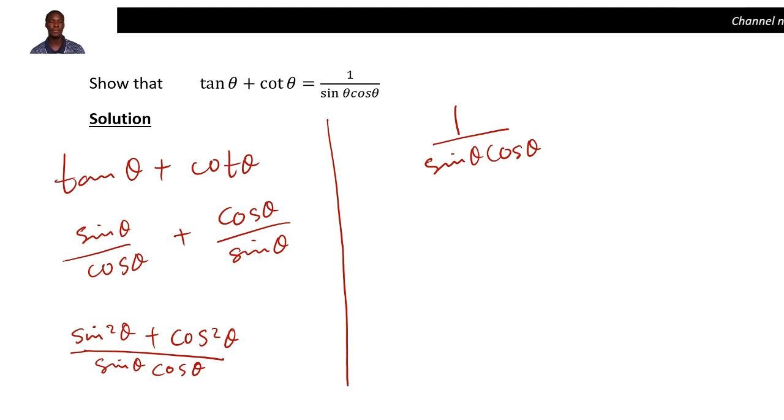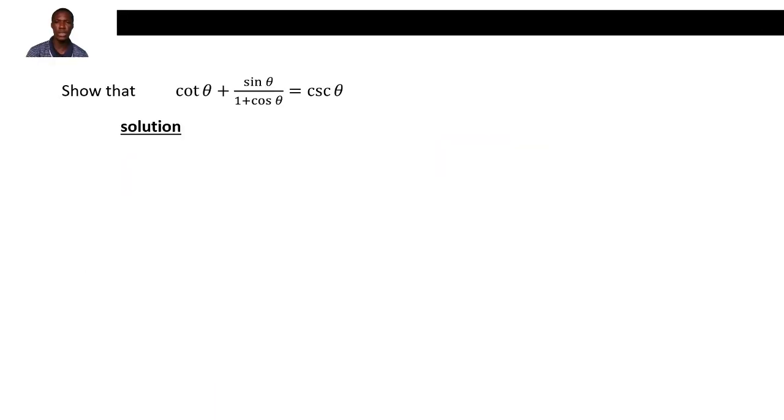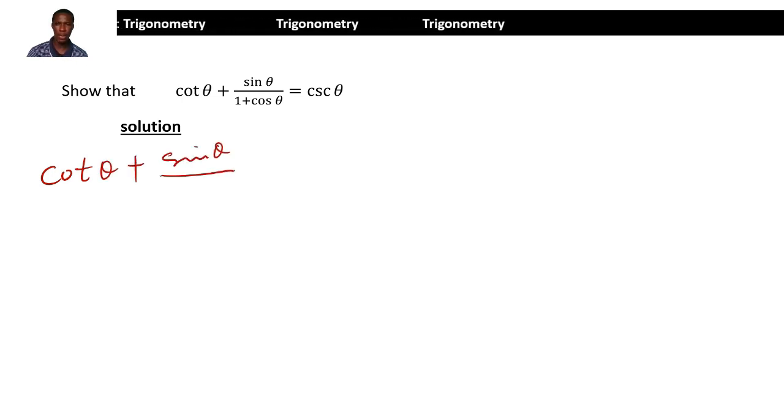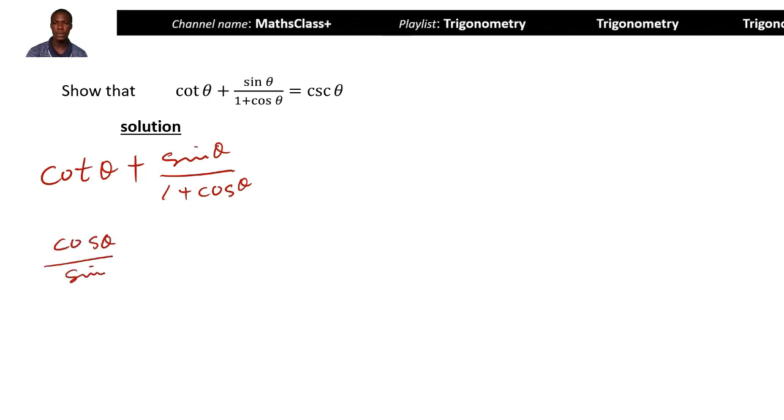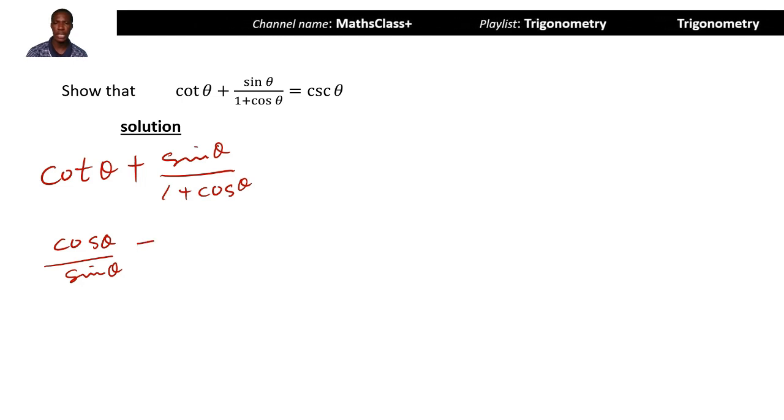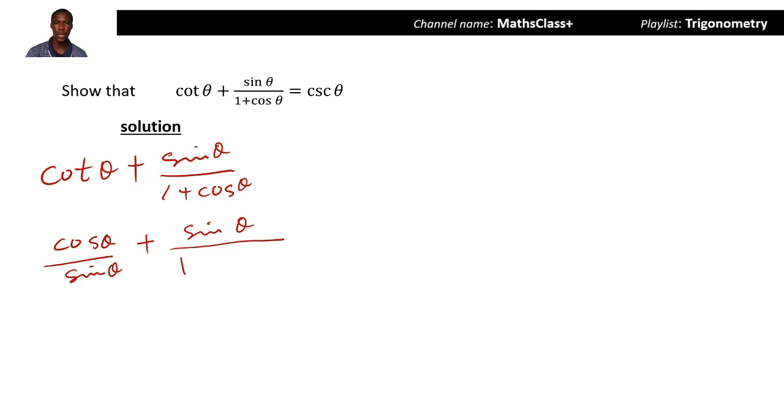That is verified. To show that cot theta plus sine theta over 1 plus cos theta is cosec theta. Okay, so cot theta plus sine theta divided by 1 plus cos theta. This cot theta can be written as cos theta over sine theta. That's the reciprocal of tan, plus sine theta divided by 1 plus cos theta.